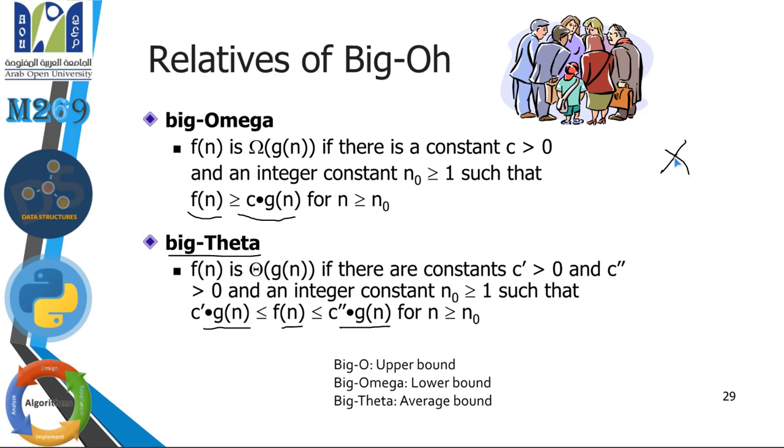What is the value of x in this example? x is greater than or equal to 5, and at the same time x is less than or equal to 5. What does this mean? Exactly, it means x is 5. That is the theta.